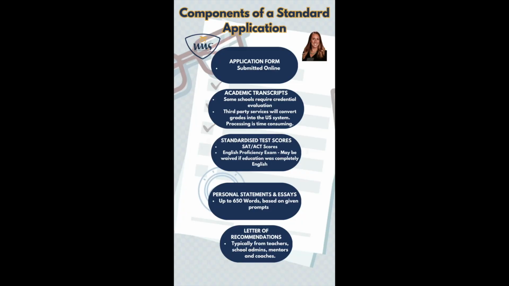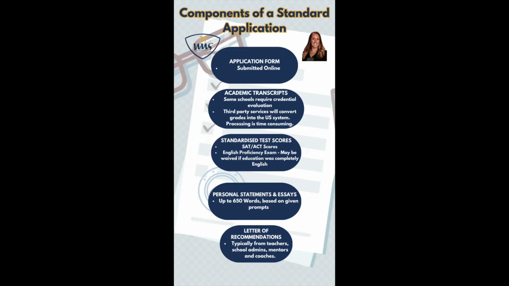The next thing that they need is your academic record, and they see that through your transcripts. So this typically is going to require you to have your transcripts sent. Sometimes these documents need to be translated into English if they aren't already. So that is something to be aware of.